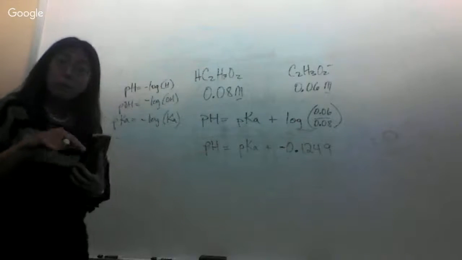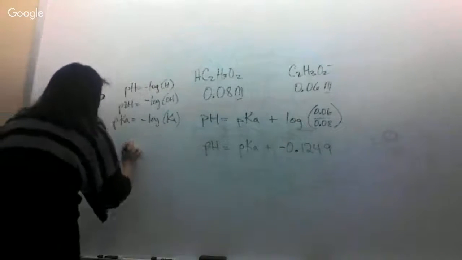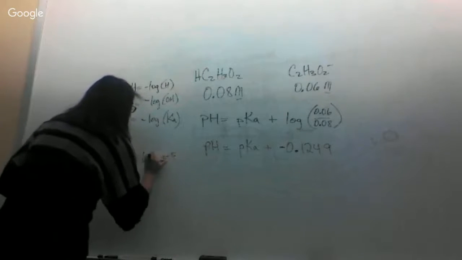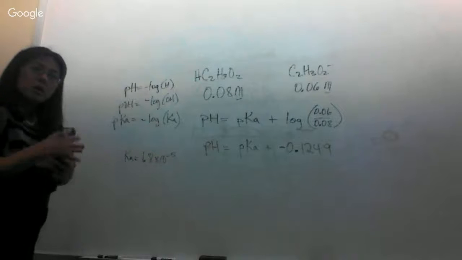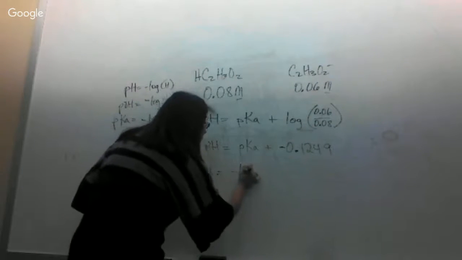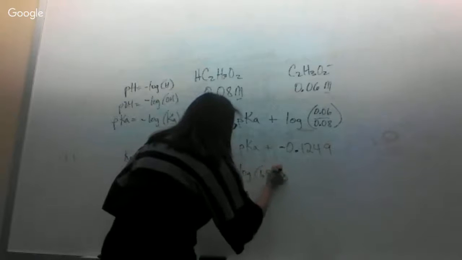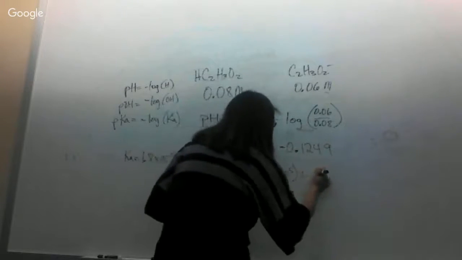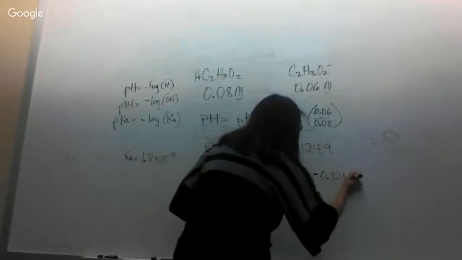All right, so look back at the problem. If you remember, the Ka was 1.8 times 10 to the negative 5. So pKa would be negative log of that number. Then you add on there this negative 0.1249.